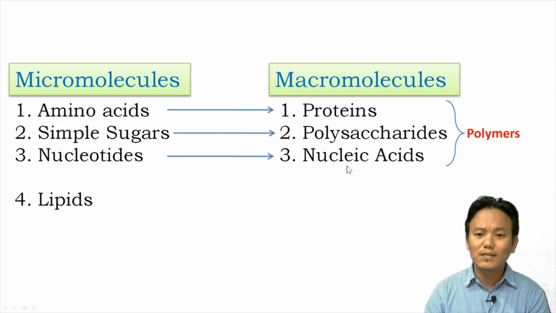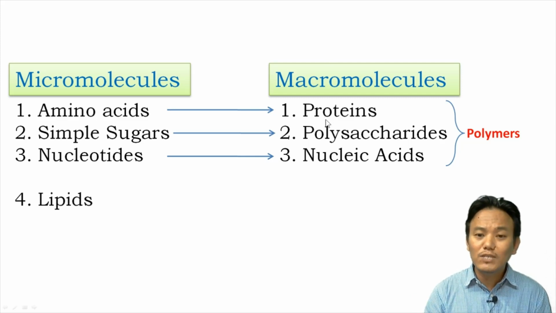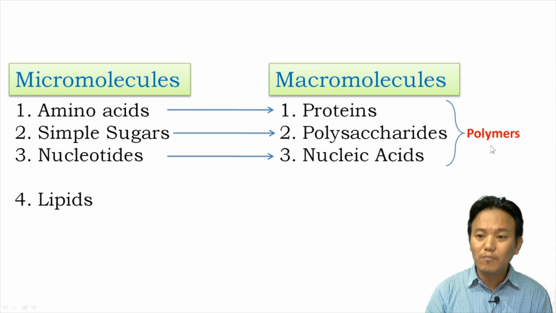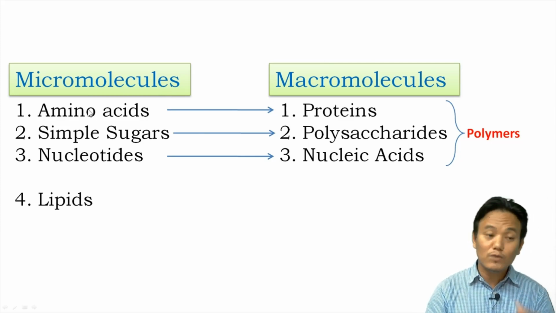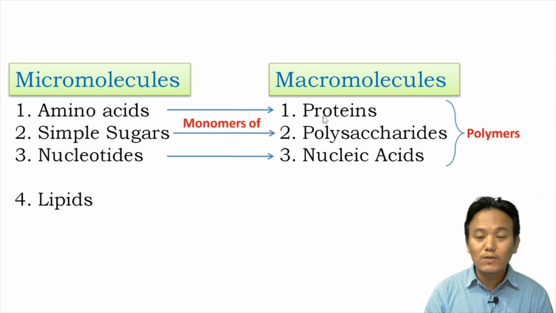Proteins, polysaccharides, nucleic acids: what are their repeating units? For protein, the repeating unit is the amino acid. So amino acids are the monomers of proteins.